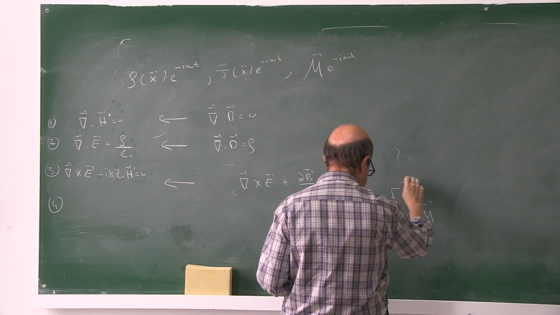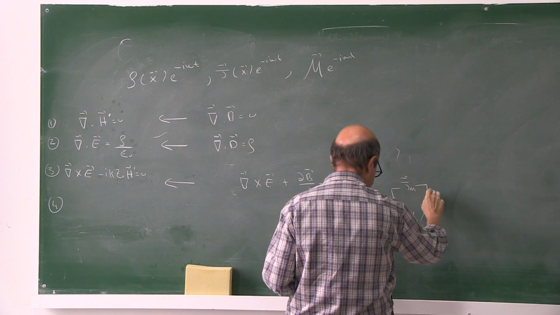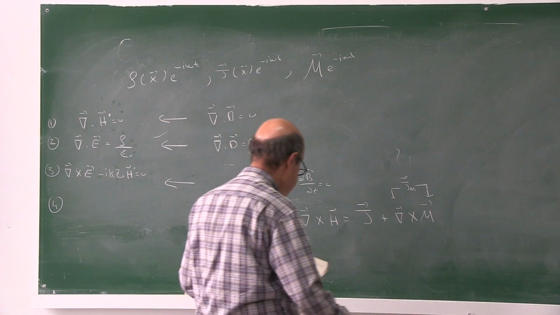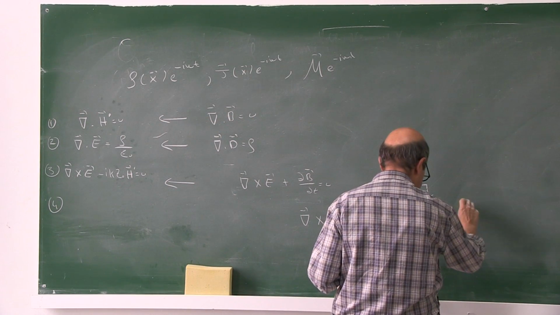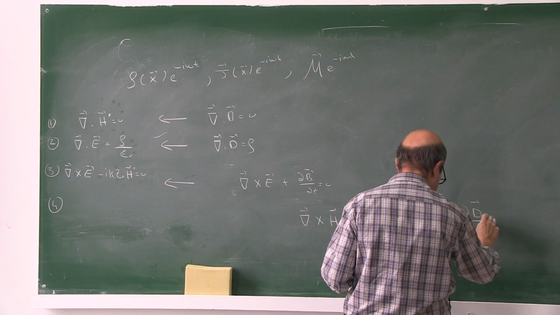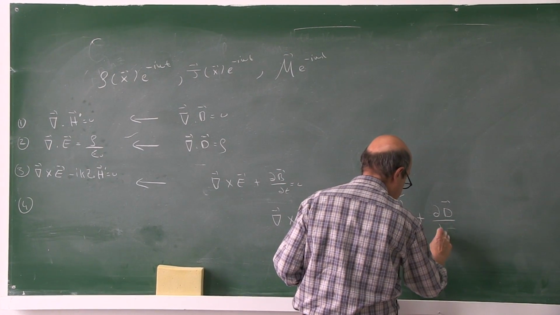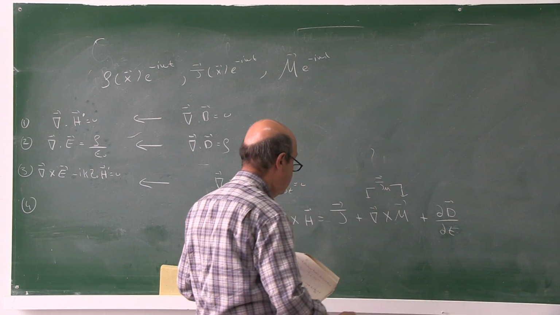This is the magnetization current density, which you know from the first part of the course. And you have del D over del T, the change of the electric displacement in time.